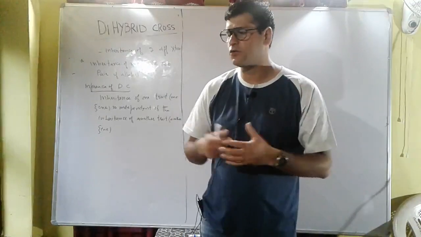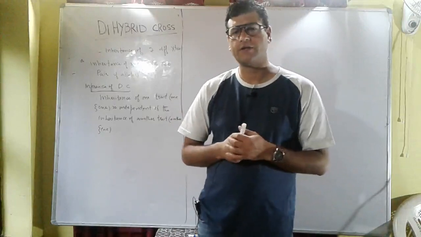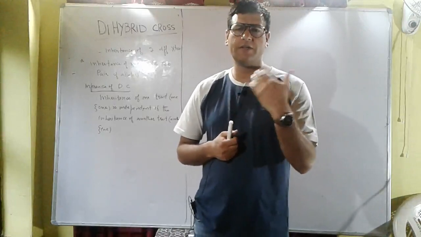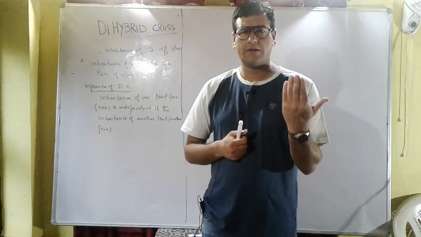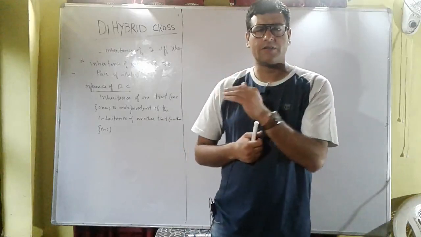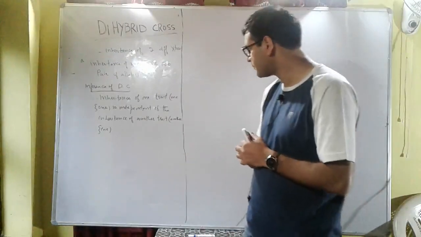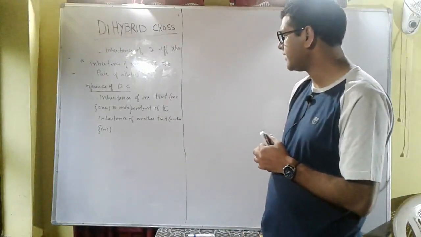They don't have any sort of association with each other. One gene goes independently without any association with another gene from one living organism to another, from parents to offspring. So this is the inference of the dihybrid cross.